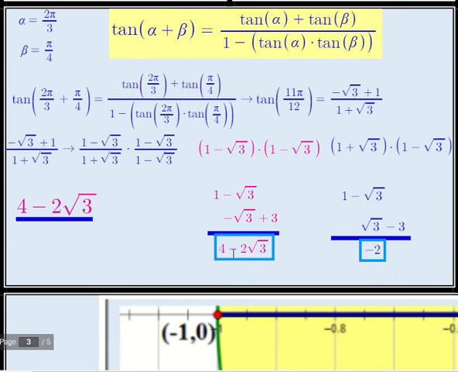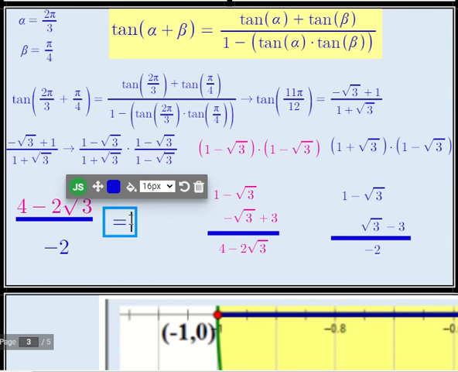So that's our denominator. Over here, we're going to have a negative 2. So 4 divided by negative 2 is negative 2.